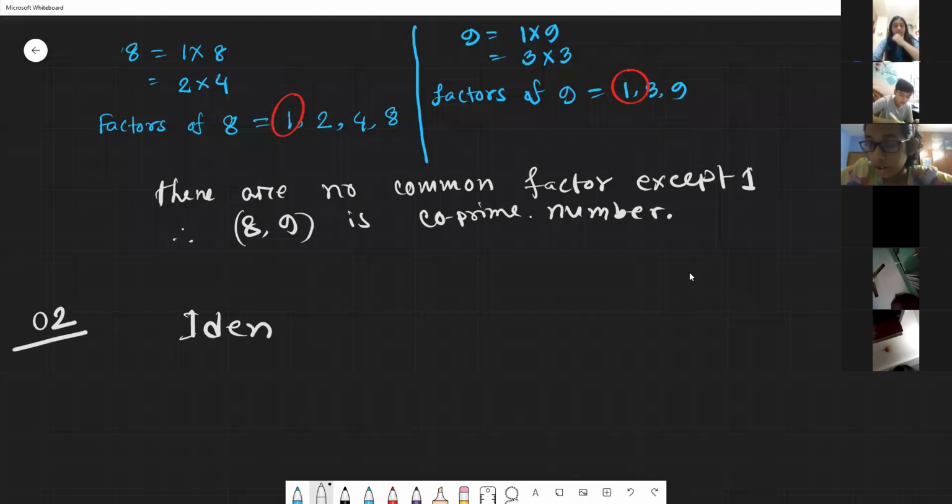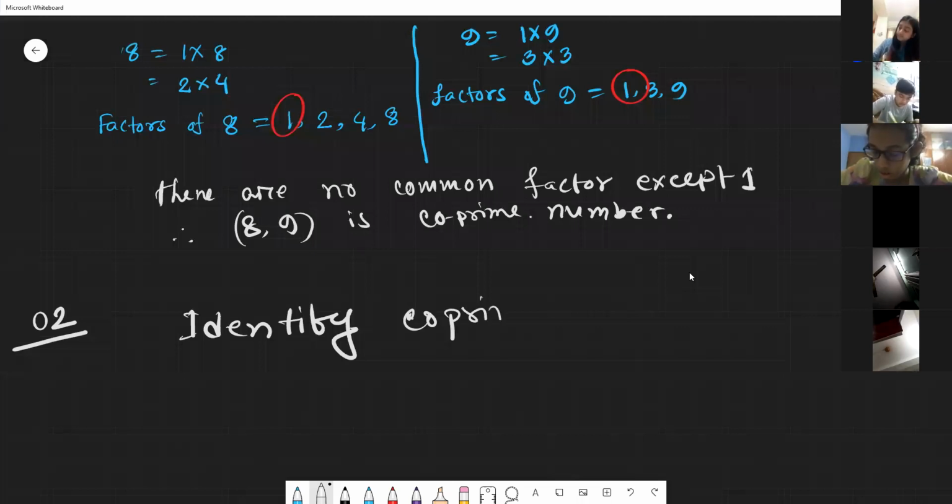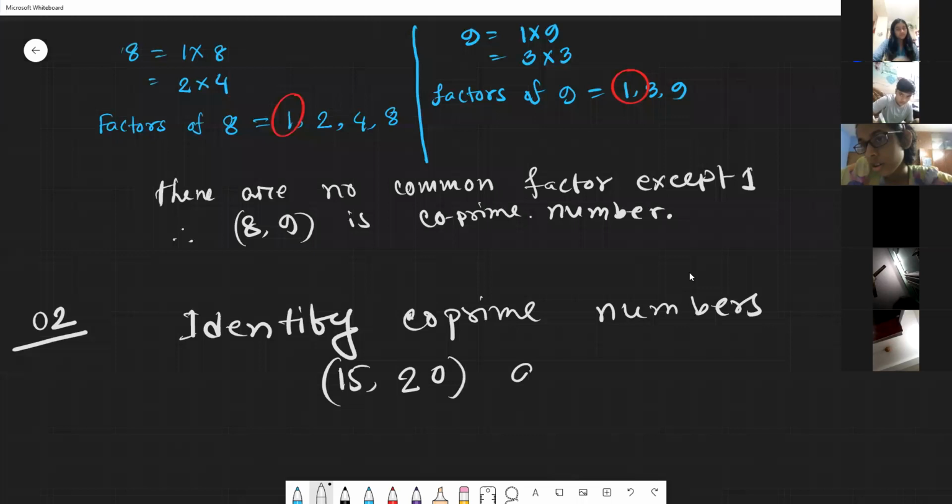Identify the coprime numbers: (15, 20) and (27, 20).